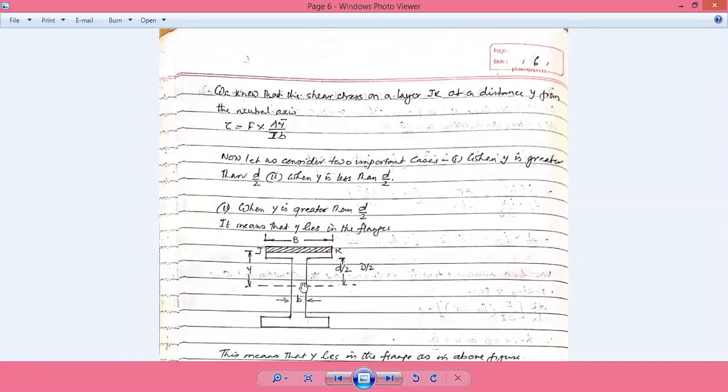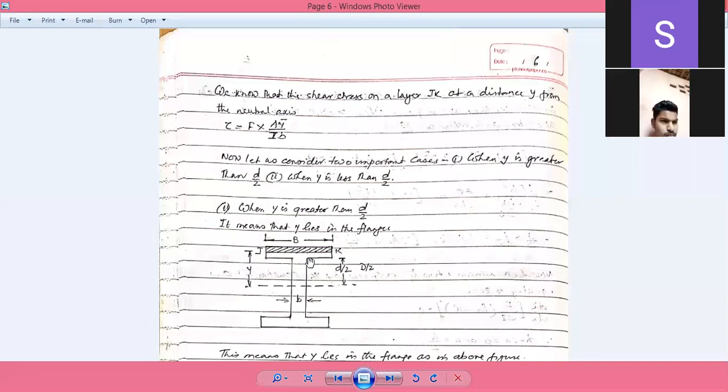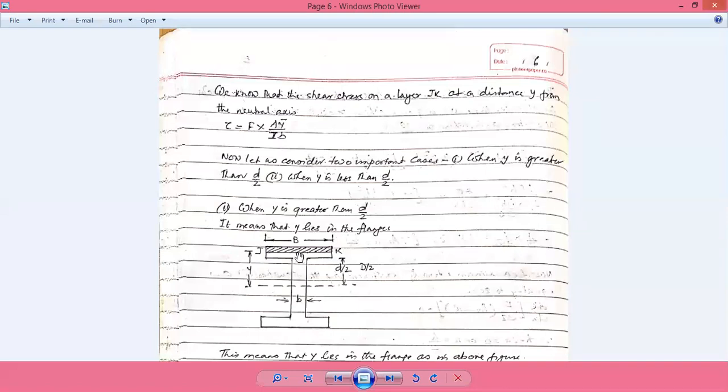Which means what is d by 2 here? From the central line of the section to the beginning of the flange itself, that is d by 2, or from here to here, that is equal to d. So from here to here, it is equal to d by 2. So if y is greater than d by 2, when we want to consider some section which is lying in the flange itself, then the treatment will be a bit different.